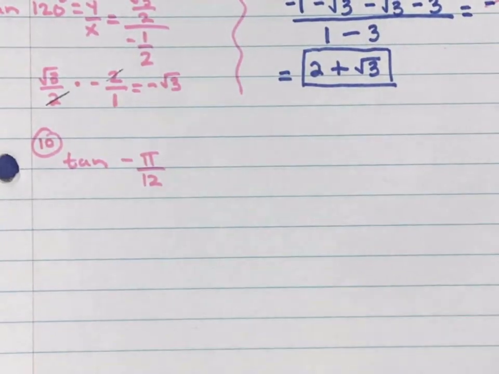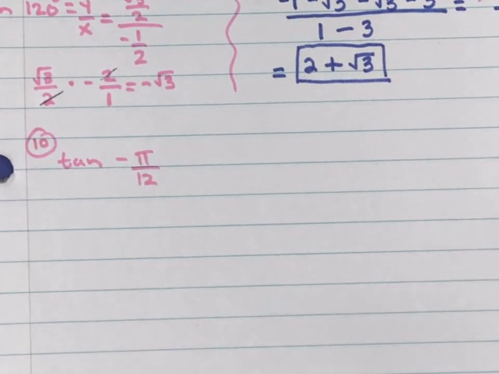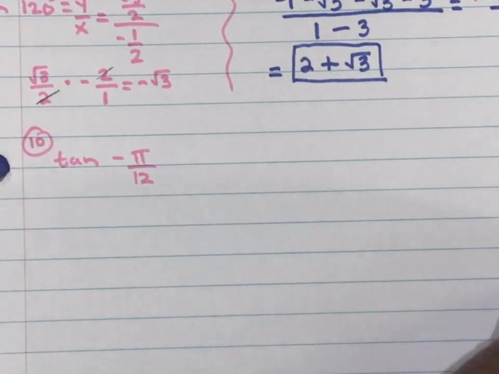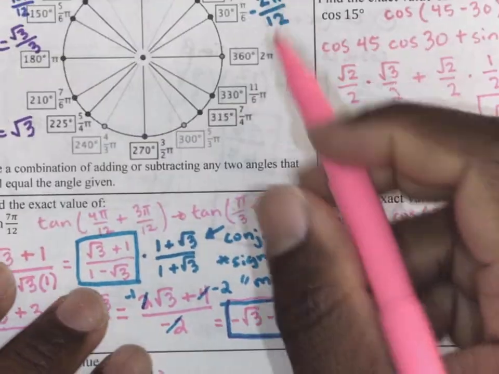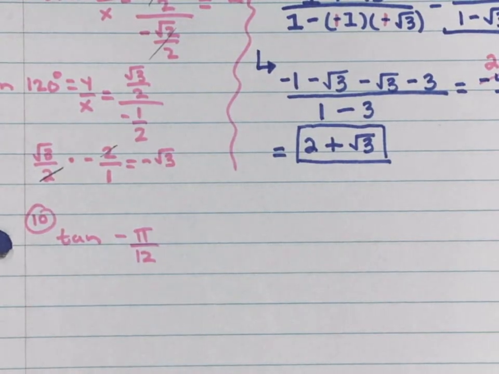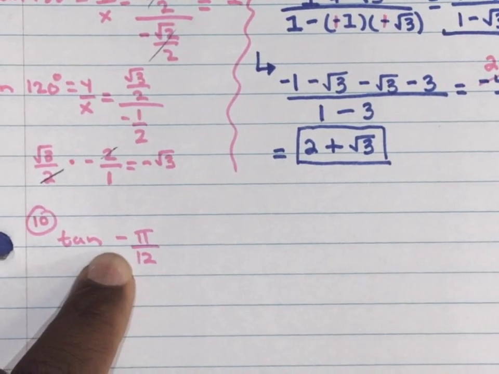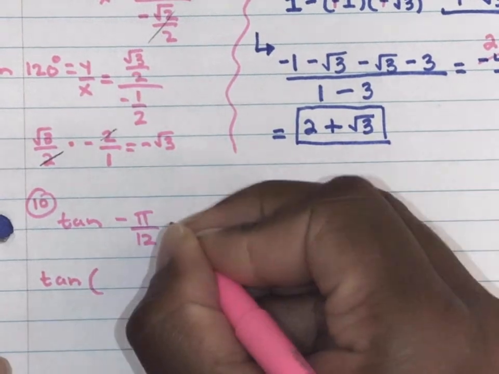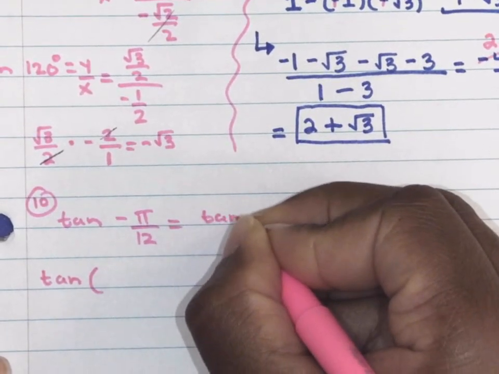So I need two angles that'll give me -π/12. If I go back to that sheet I had, I see I can just do 3π/12 and 2π/12. The bigger one needs to come out to be negative. So if I organize it like tangent of, actually let me stay here and then I'll go back down.